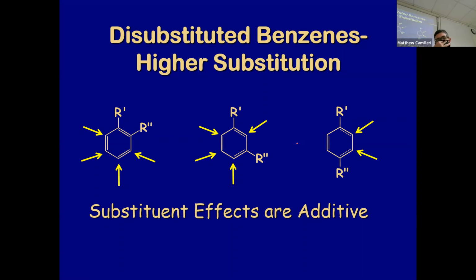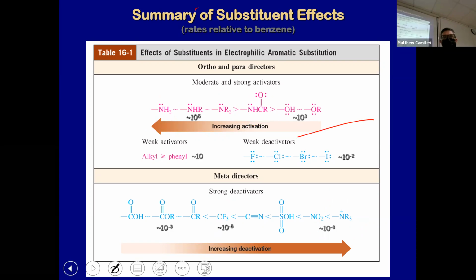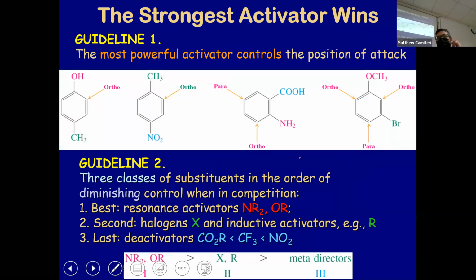If they are not, and you have an activating or deactivating group, then you know which one is going to win, the activating. But if they're both activating, then you use a stable. Okay? So, let's say the most powerful activator controls the position of attack.